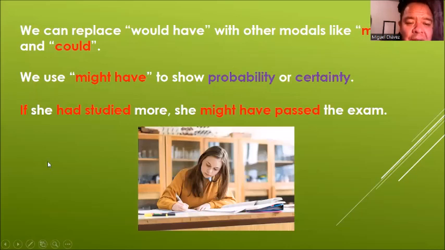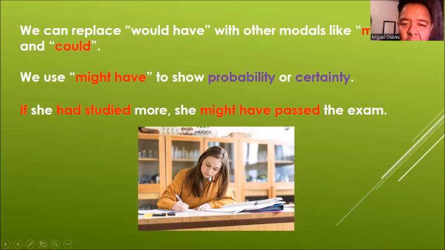In these conditional sentences, we can replace would have, that is the auxiliary verb, with other modals like might and could. We use might have to show probability or certainty. If she had studied, past perfect. If she had studied more, she might have passed the exam.